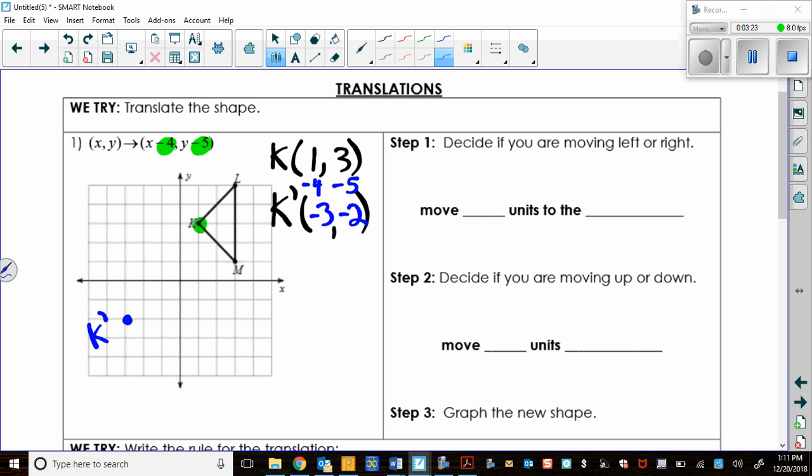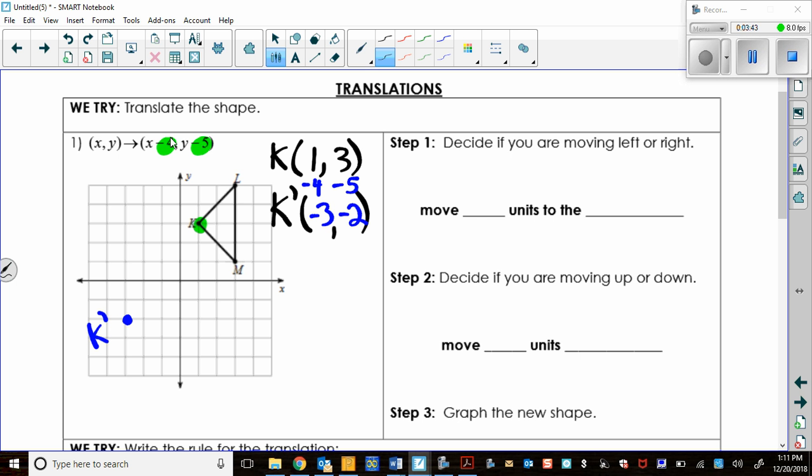So how did I do that? Well, let's look over here at the steps. Decide if you're moving left or right. If you are looking at this x value, when you are subtracting something, you're going in a negative direction. When we were talking about slope, remember that x going in a negative direction meant you would go to the left.